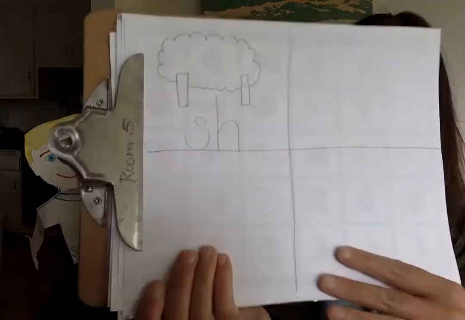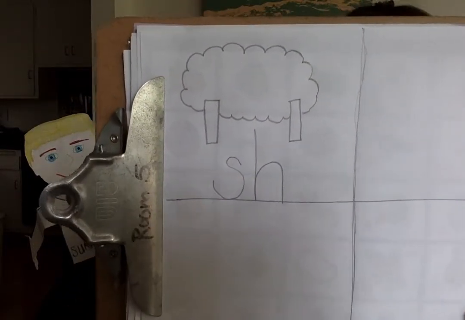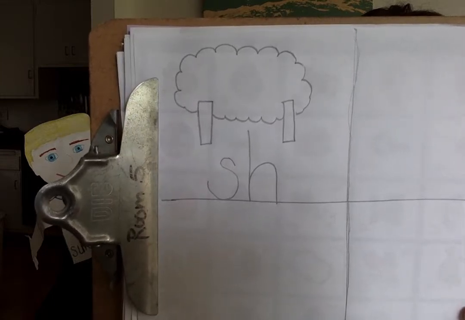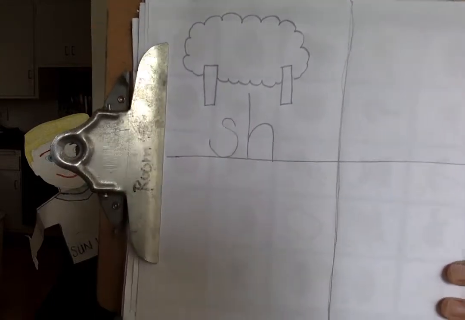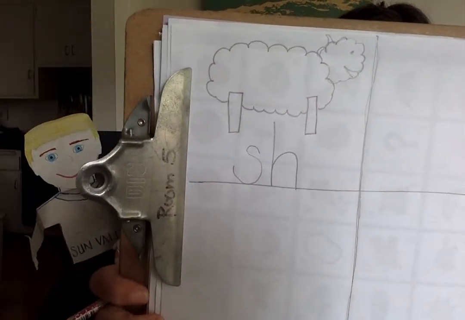I'll show you and give you a second to copy it if you want. Otherwise, if you want to draw a shark or a ship, you can go ahead and put that by your SH. And then I'm just going to make a smaller cloud head. And this will remind me that S and H says shh.